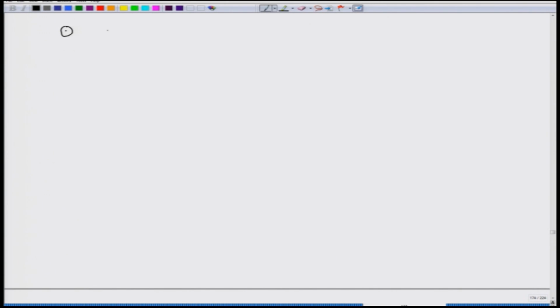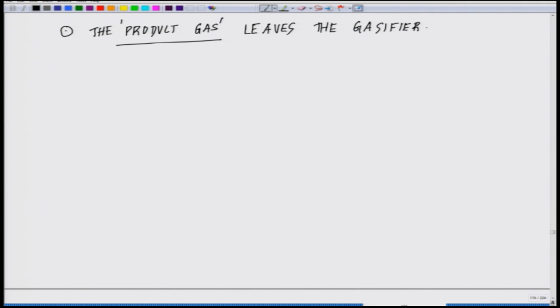The product gas, which is your actual product you are looking for, leaves the gasifier unit at a temperature T degree centigrade, or around 900 degree to 1000 degree centigrade.